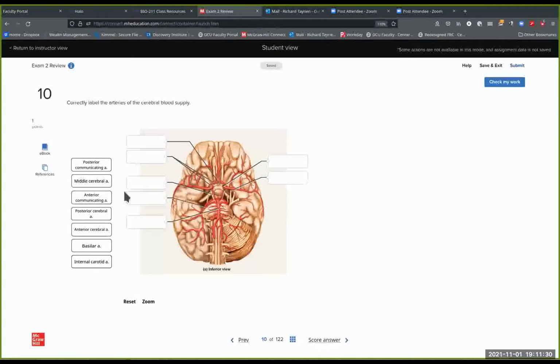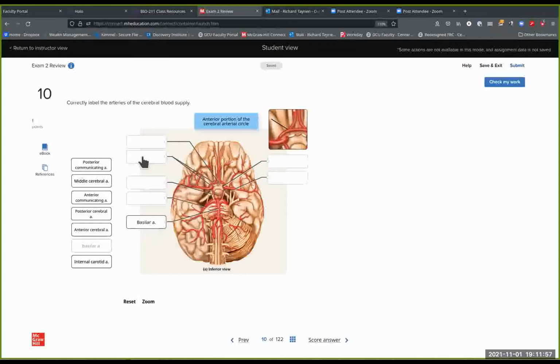Okay, here's our old friend. So let's hit the major ones here. What is this one down here? The basilar. Mm-hmm. Let's see. Let's go up here. What's this?